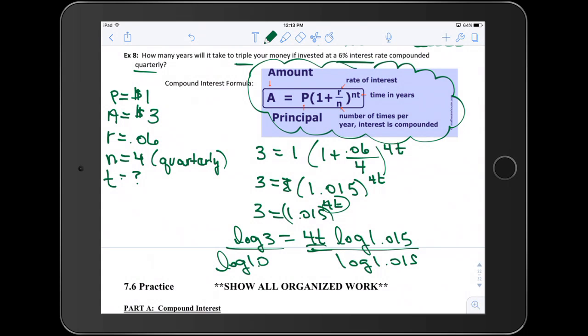Log 3 divided by log 1.015, and you end up with, and I'm coming over this way because I'm running out of space, 73.7888 equals 4t, and then I'm going to divide out by 4 to solve for t, and it's going to take approximately 18.45 years to get an amount to triple at a rate of 6%.